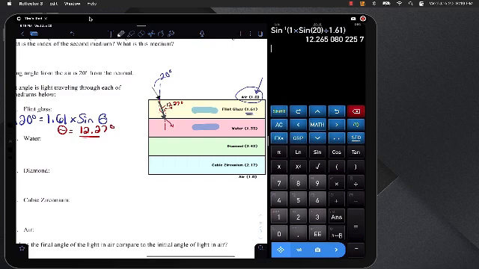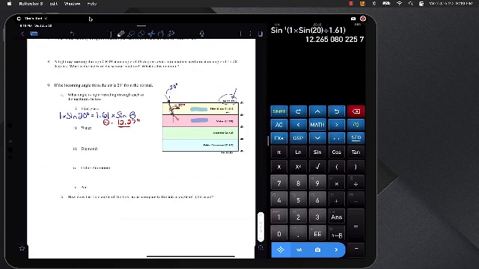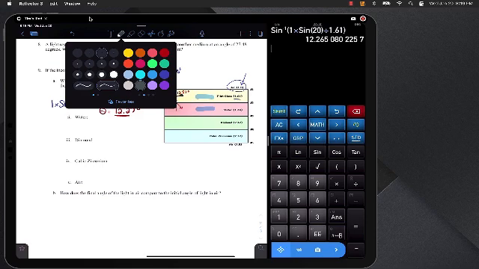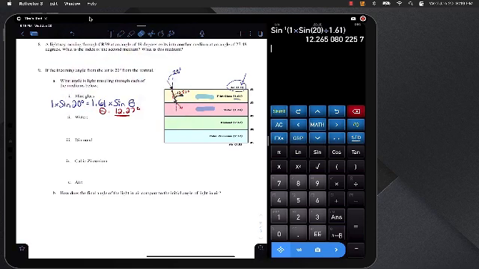And I know that angle is going to be what I had found from the previous question. So we're going to start out. Angle of incident is 12.27, and the index of refraction in that medium was 1.61 times sine 12.27 degrees.